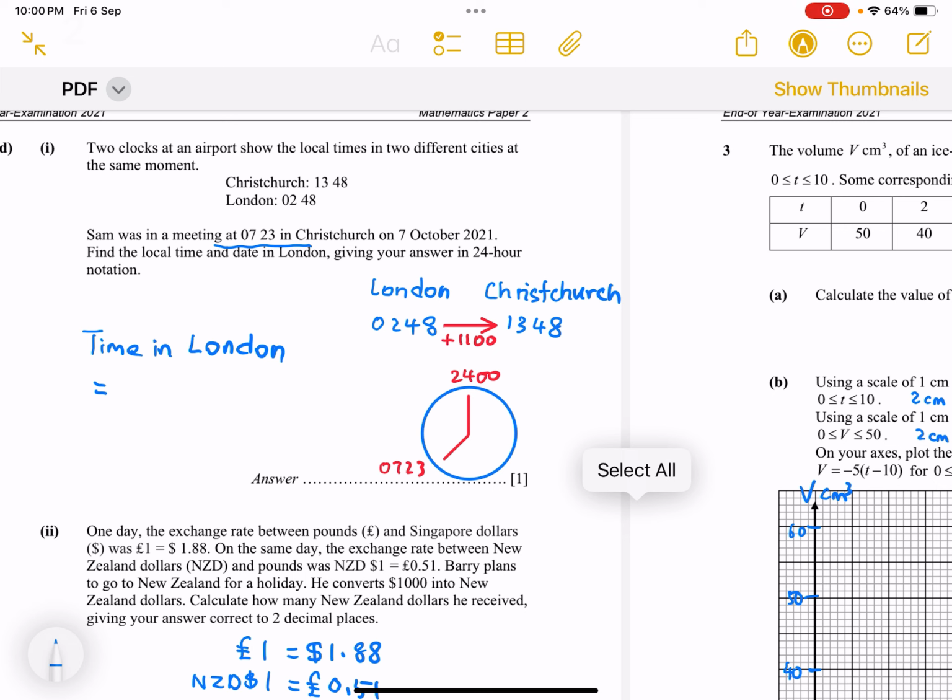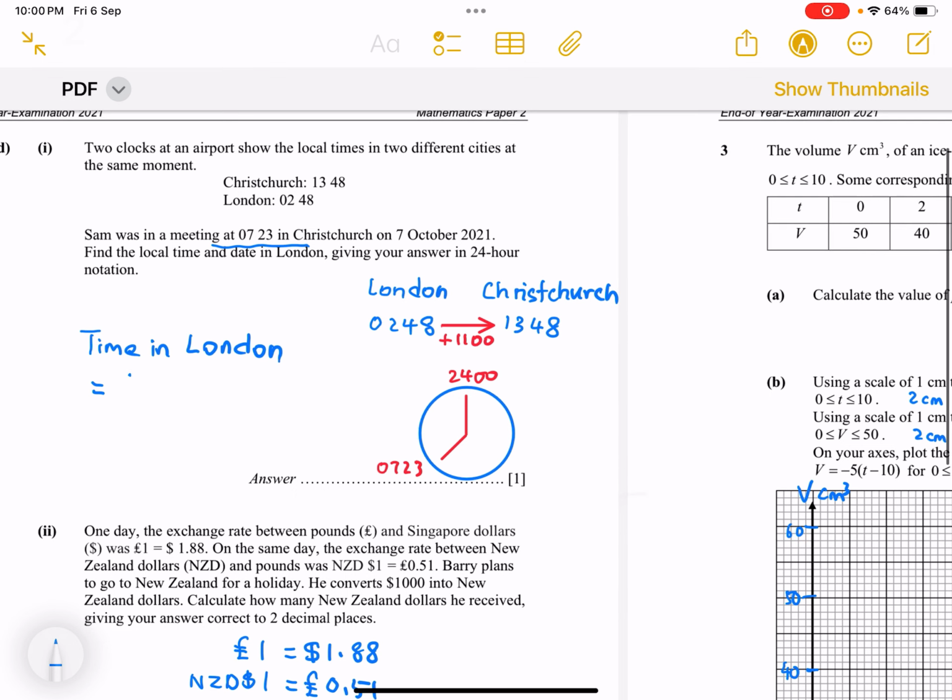So if we consider the time in London, it is actually beyond 24 hours, so the total time is 2400 plus 723, and we minus away the 11 hours difference.